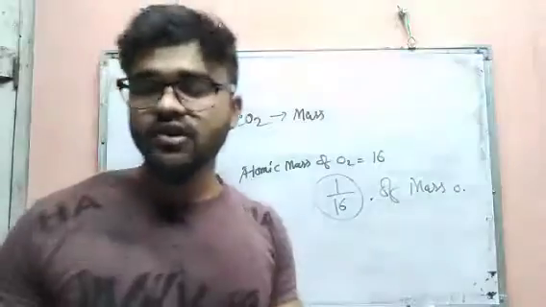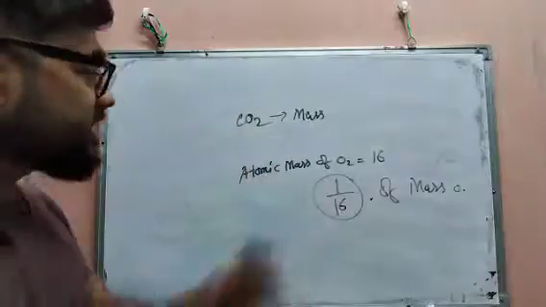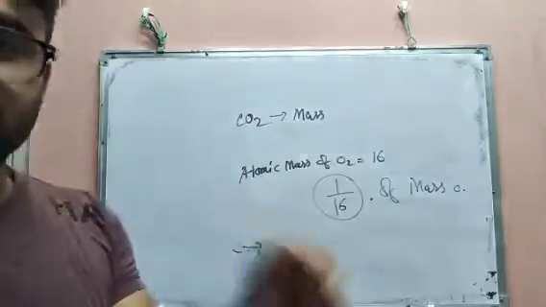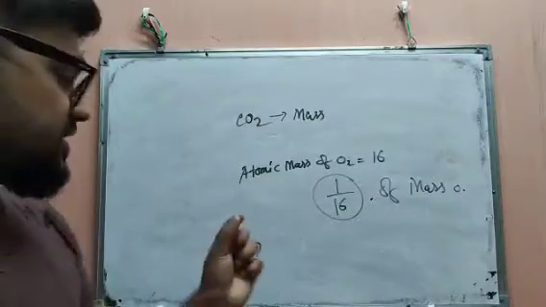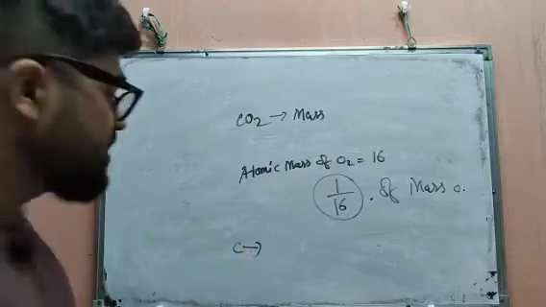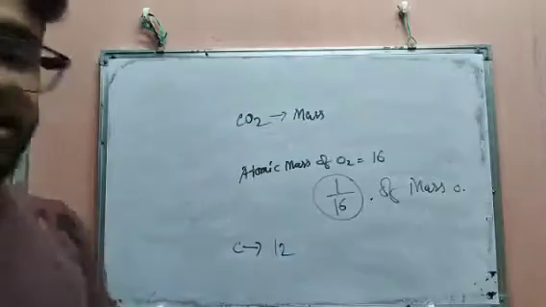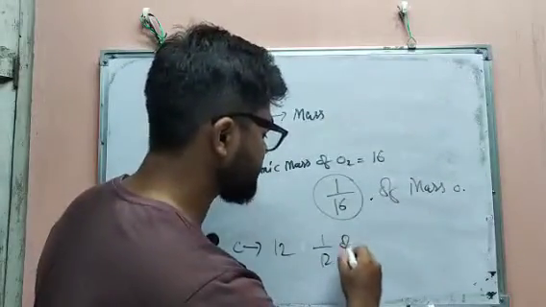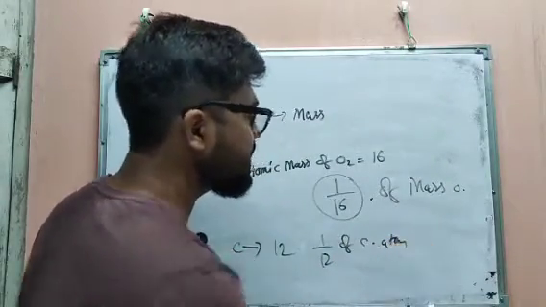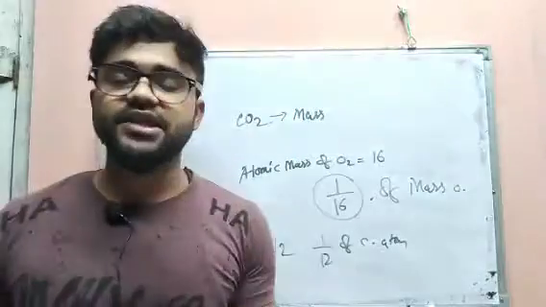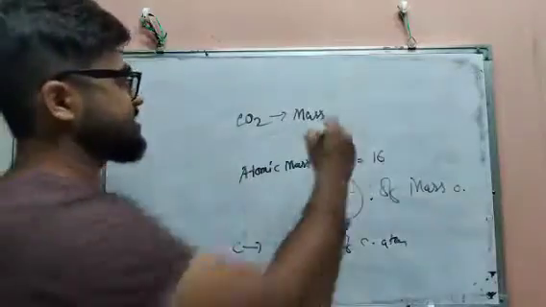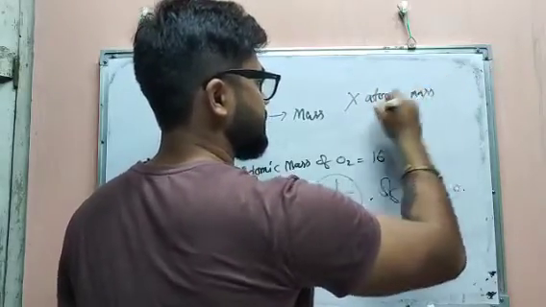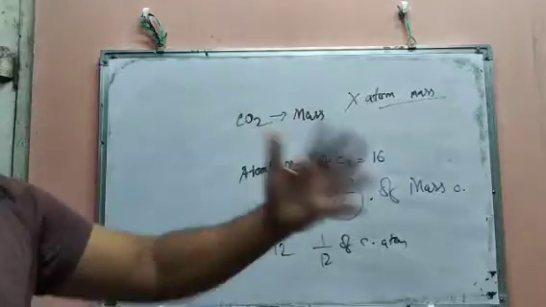But later on, when scientists did more research, they took carbon as the unit of measurement. They took the atomic mass of carbon, which is 12, so for every atom they consider 1/12 of a carbon atom. For understanding, suppose you are given an atom, say X atom, and we want to find the mass of the X atom.